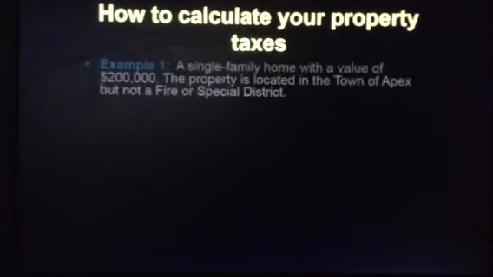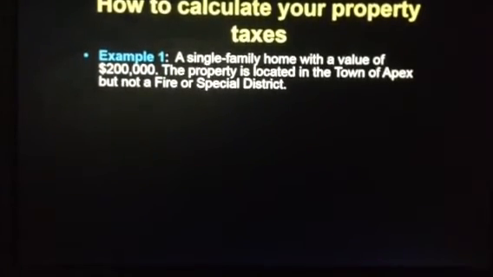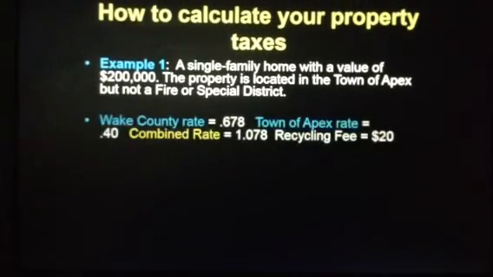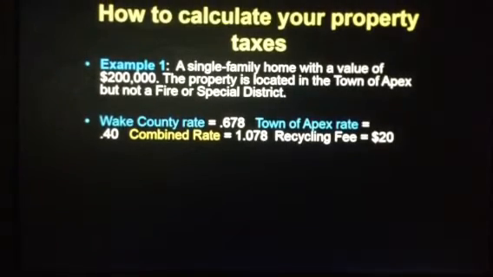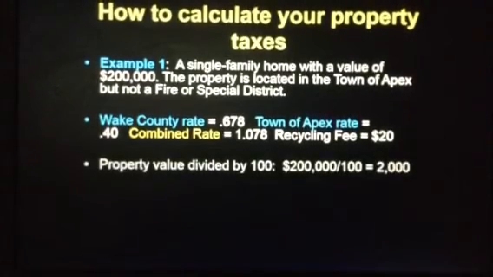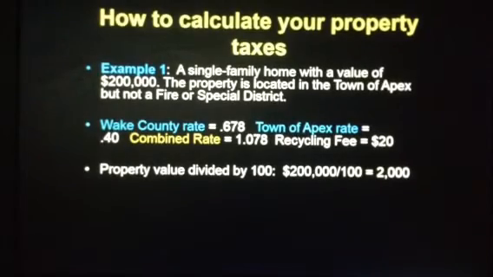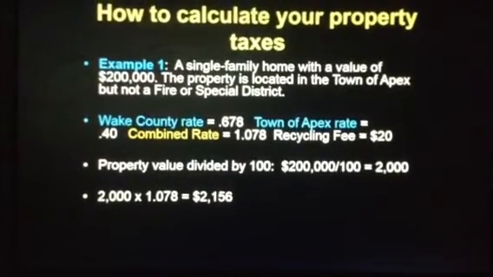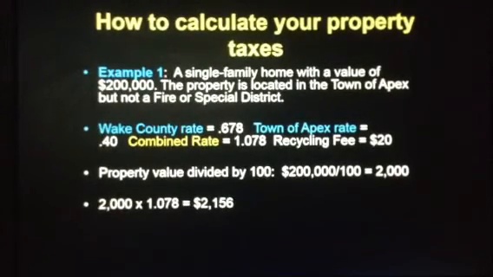How to calculate property taxes? A single-family home with a value of $200,000. You have a Wake County rate. Property value divided by $100. And then you multiply it by the combined rate, the Wake County rate plus the city rate.